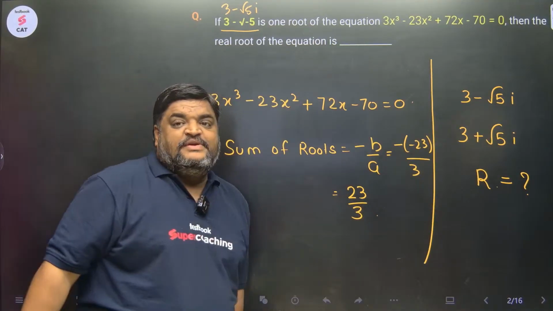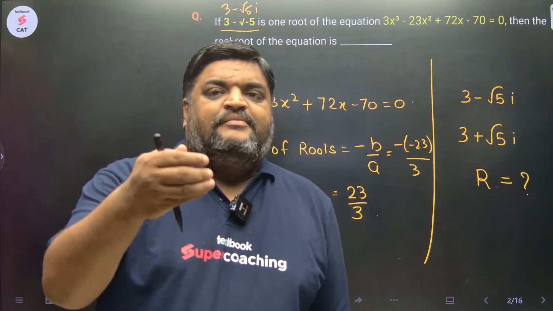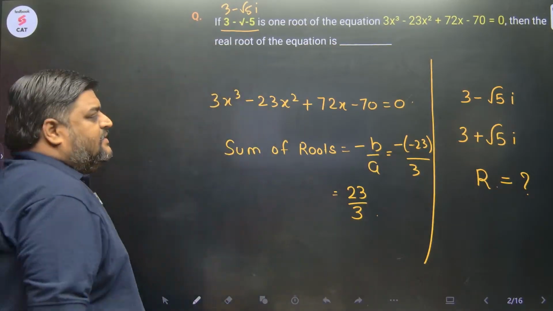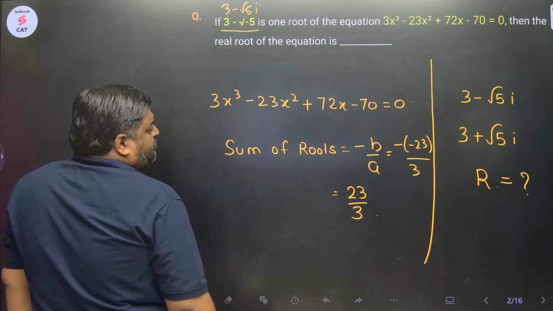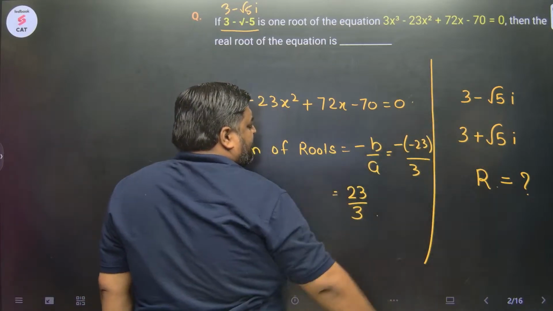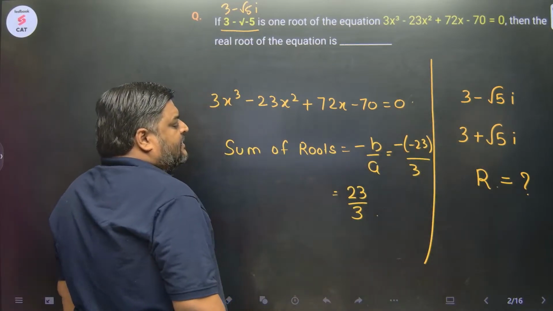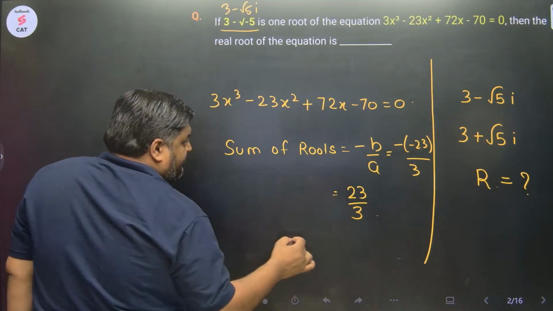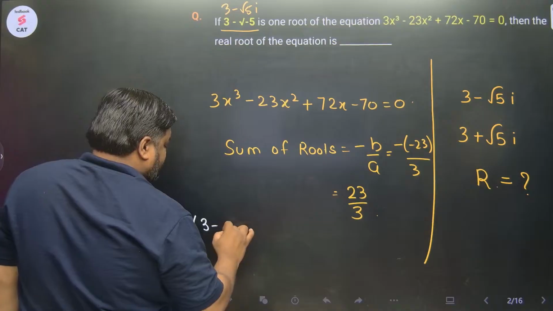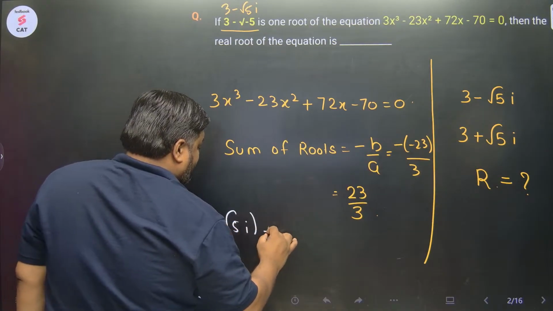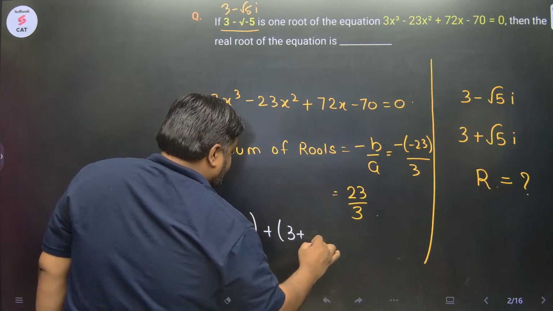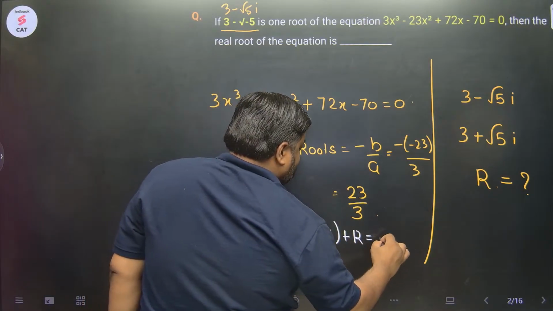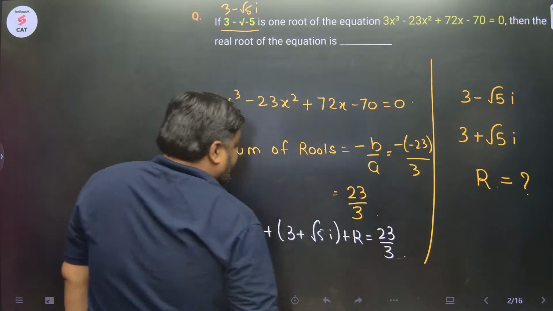So minus b by a, c by a, minus d by a. Sia. So the sum of all of these three has to be 23 by 3. So I can proudly say that 3 minus root 5i plus 3 plus root 5i plus r has to be 23 by 3.